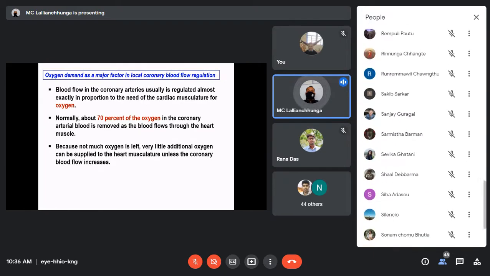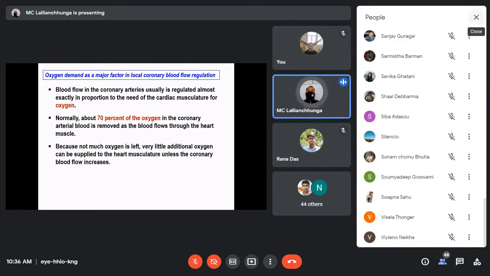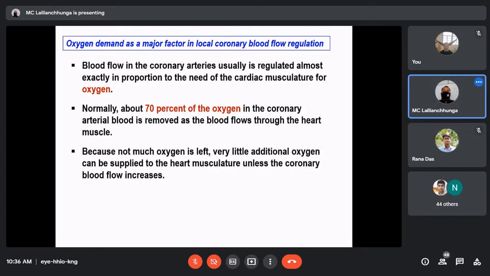Because not much oxygen is left, very little additional oxygen can be supplied to the heart musculature unless coronary blood flow increases. Under normal condition, 70% to 75% of oxygen from the coronary circulation is extracted or utilized by the heart muscle, so only 30% remains, which is available in the blood but not utilized.